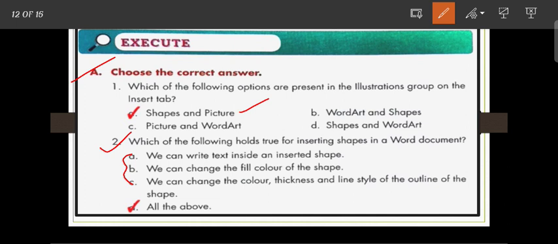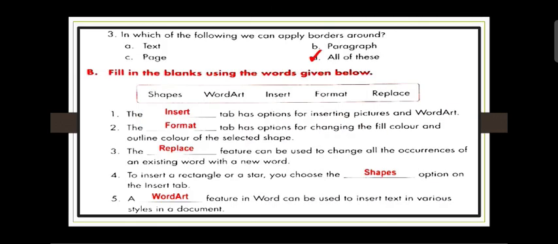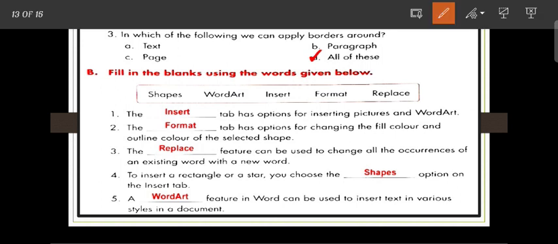We can change the fill color and shape of the shape. We can change the color, thickness and style of the outline of the shape. So this option is correct. Next, number 3: in which of the following can we apply borders? We can easily apply borders to text, page and paragraph also. So all of these options are the correct answer.